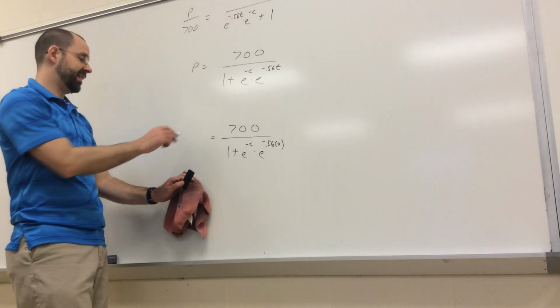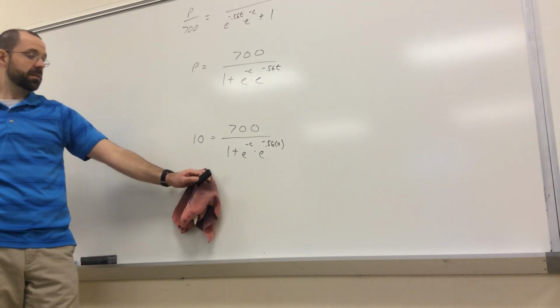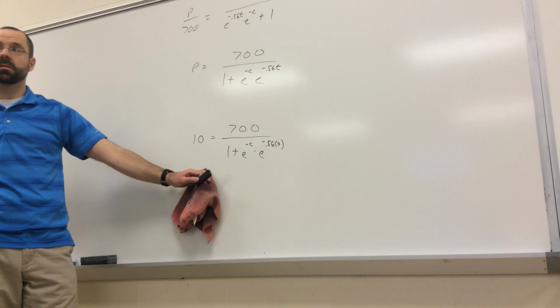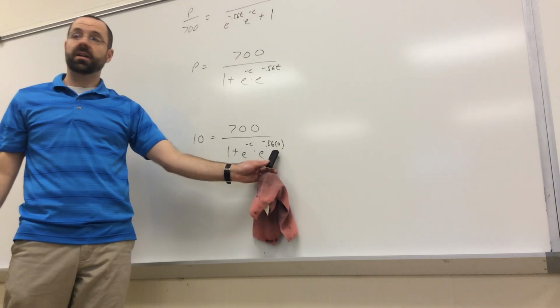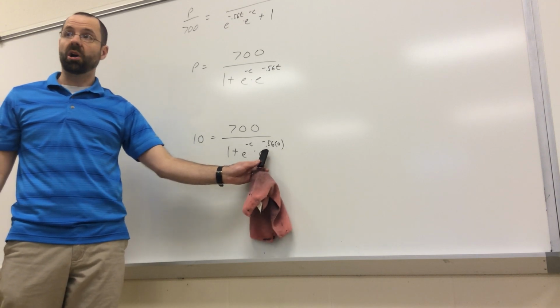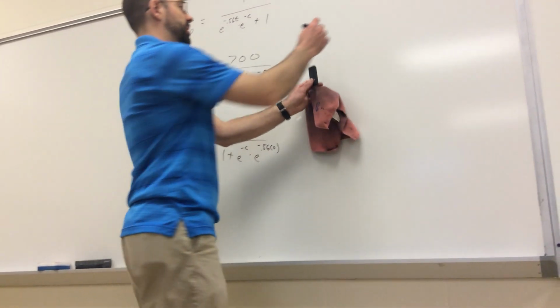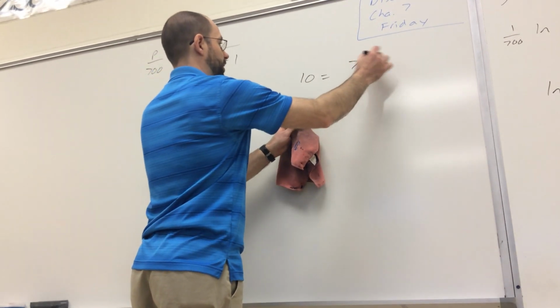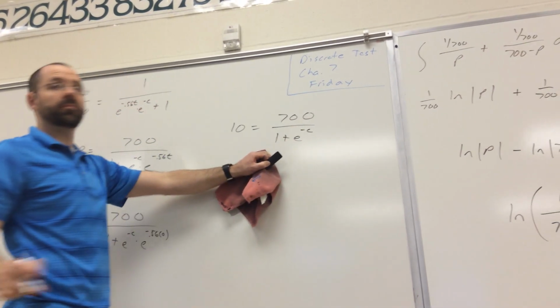I know I'm supposed to get 10 out. 0.56 times 0 is 0. e to the 0 is 1. So this is 10 equals 700 over 1 plus e to the negative c.